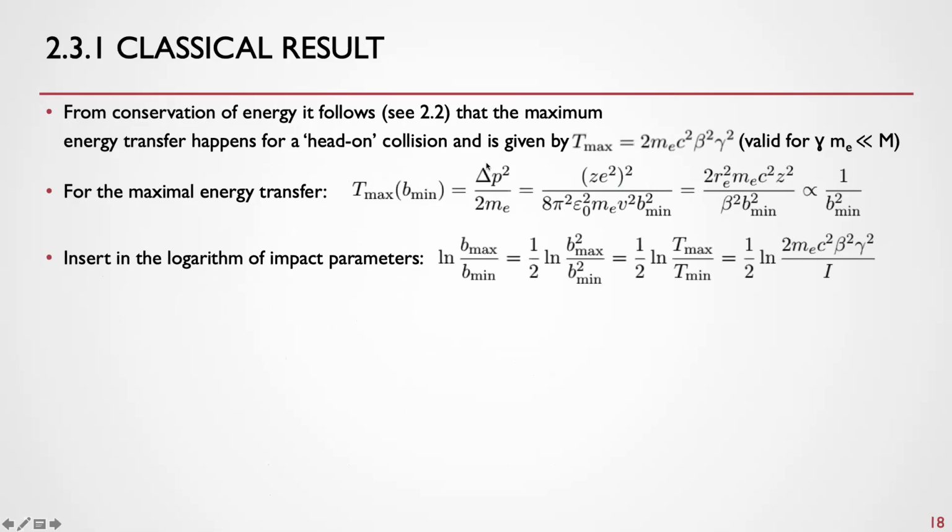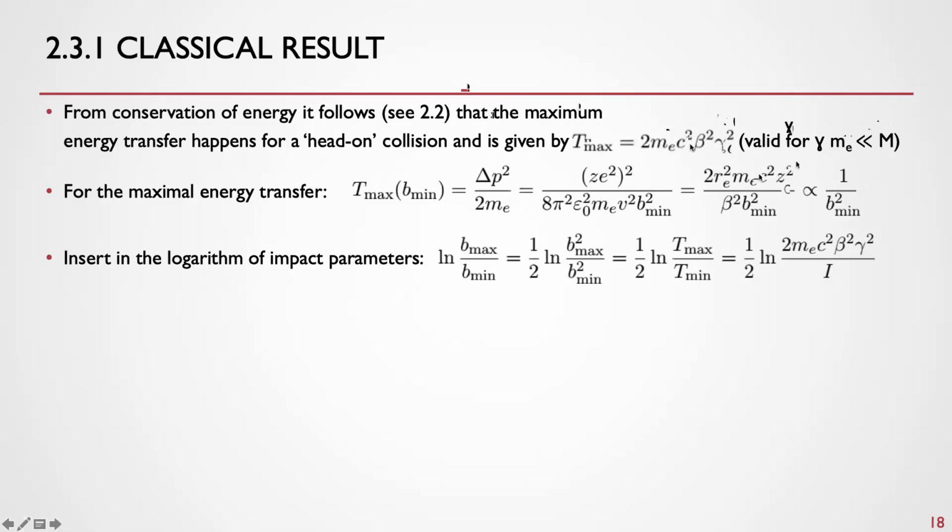Here is where our work on the maximum energy transfer pays off the most. Remember that we had a limit for the maximum energy transfer T_max of 2 m_e c squared beta squared gamma squared, which was for the non-relativistic case, here defined by the effective mass of the electron in the rest frame of the heavy particle, but that's a detail.